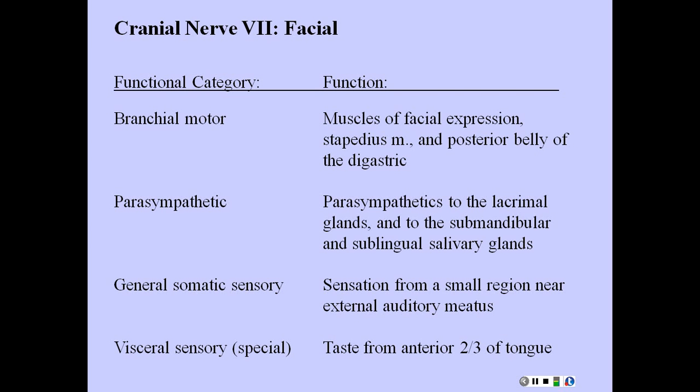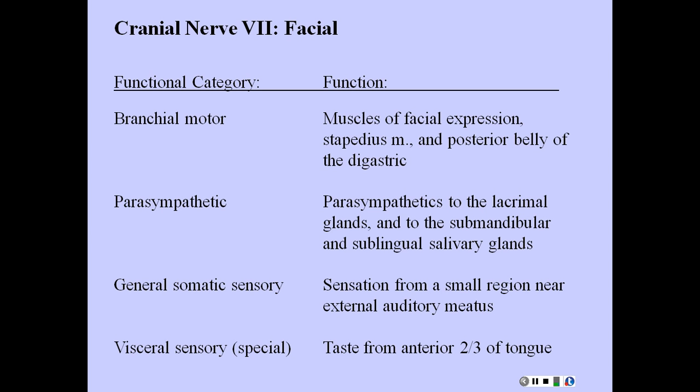Now, in addition to this really important function, which is all the motor activity, there actually are a few other little things. One of them is completely nonsense, but I just put it up there to have it, and that's the sensory information from your external auditory meatus. Not a big deal. But the parasympathetics, the autonomics that travel along with facial, are very important for the glands of the head.